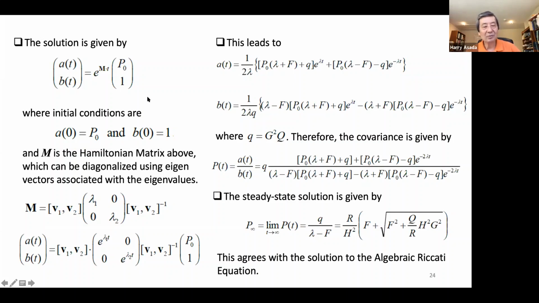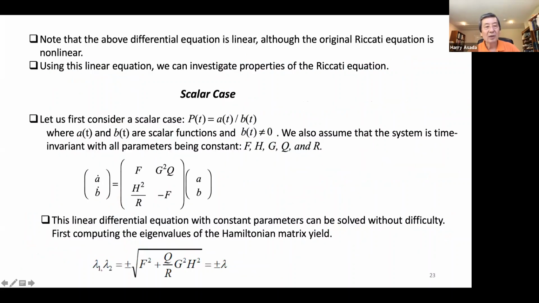If you have taken 2151 or some state space method, you know how to solve the differential equations given by this equation, replacing this matrix by M. I wish to use the matrix H, but H has been used here.